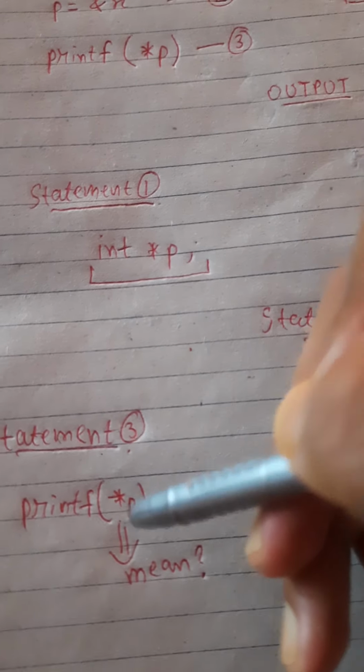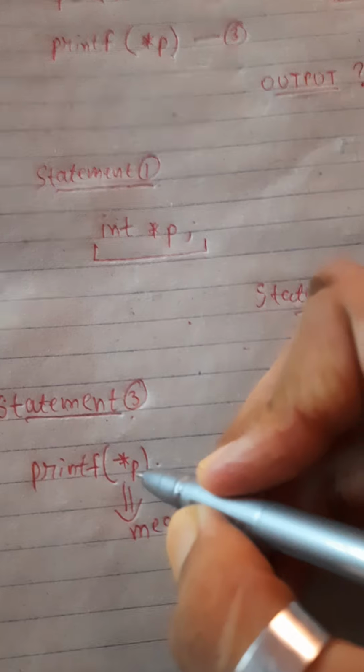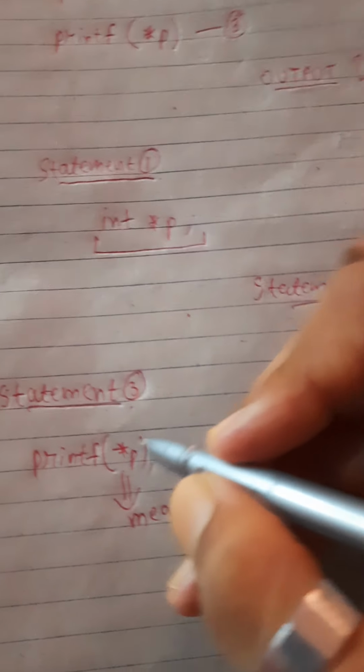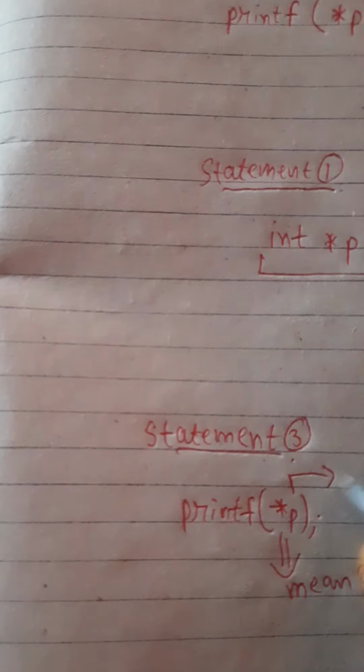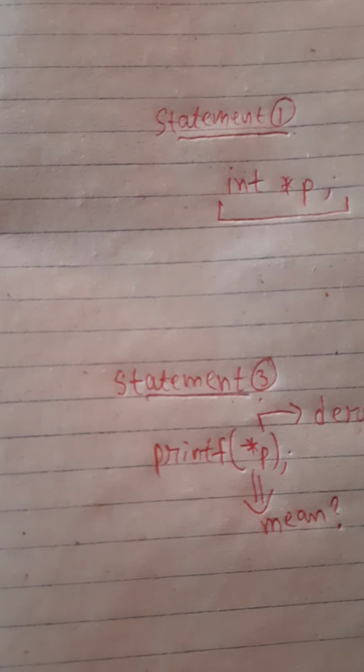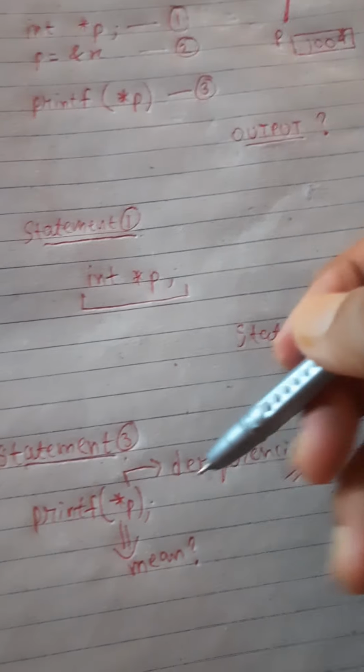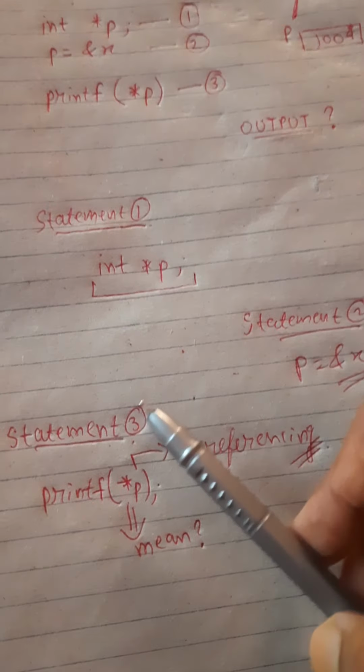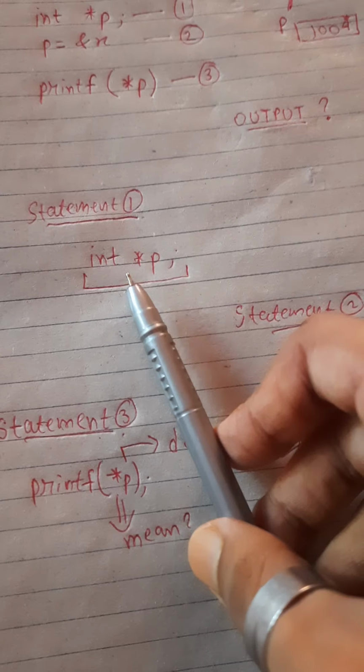But here, whenever we say star p, this is known as dereferencing. What does dereferencing basically mean? This is a completely different context.